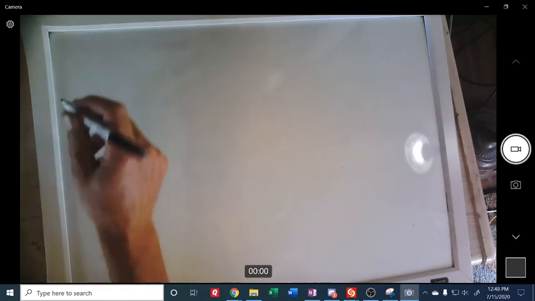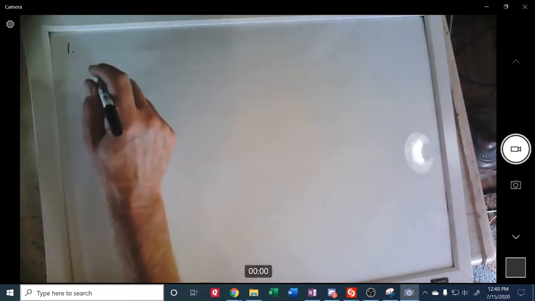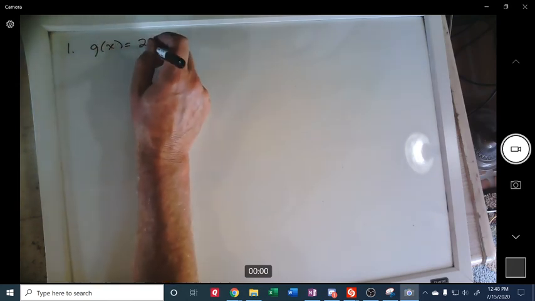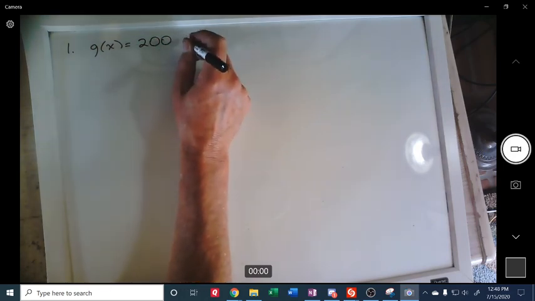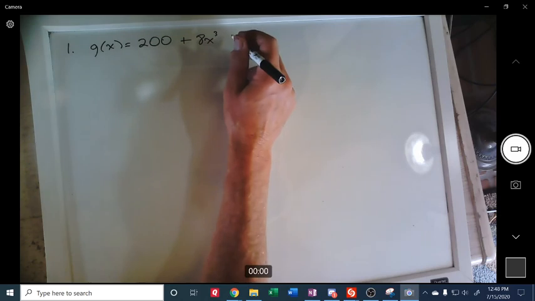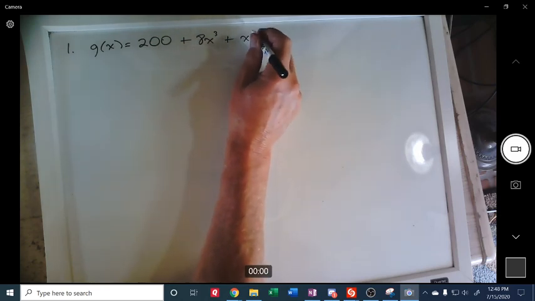And we're going to start out by looking at this problem, g of x is 200 plus 8x cubed plus x to the fourth.